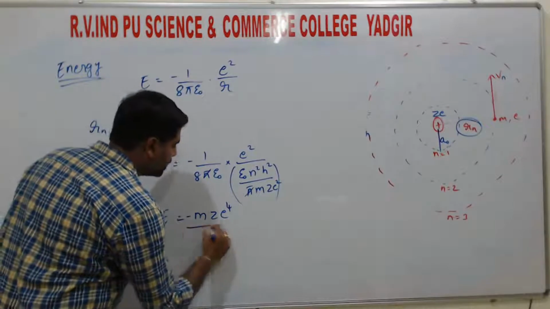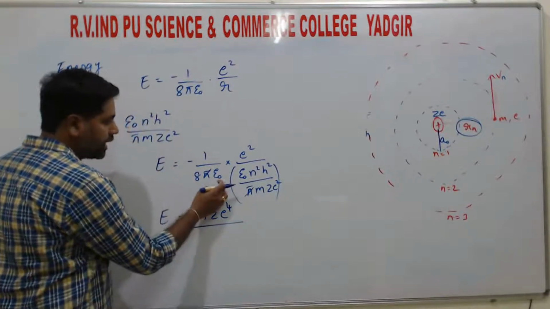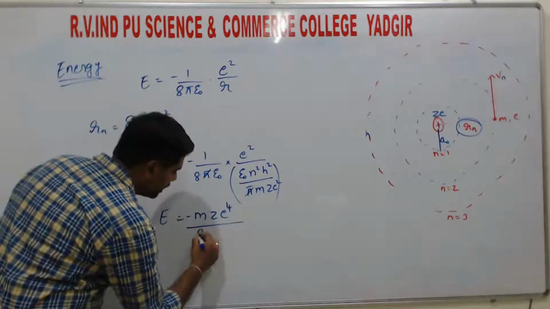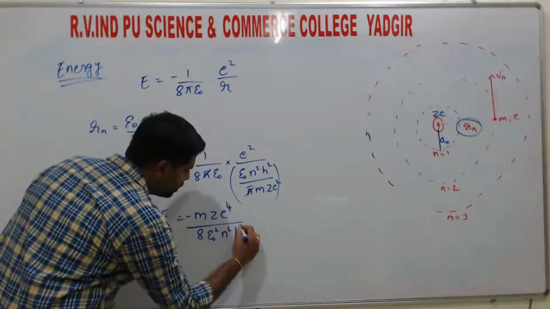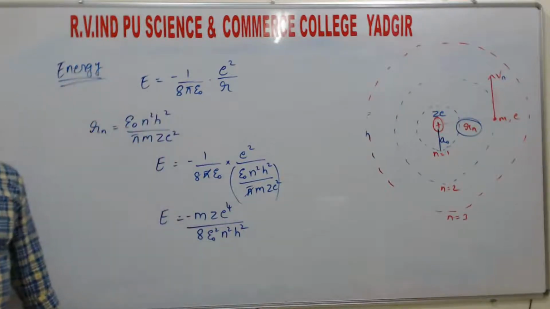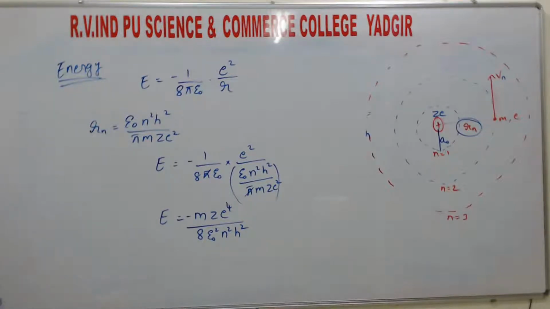Here we have minus divided by 8 epsilon naught square n square h square. So this is the energy of the atom.